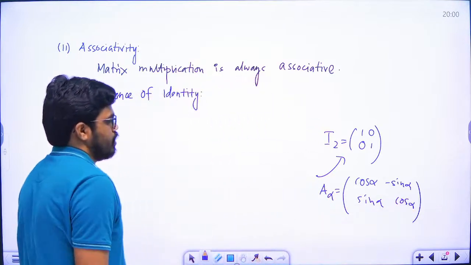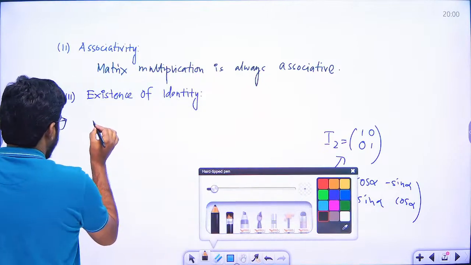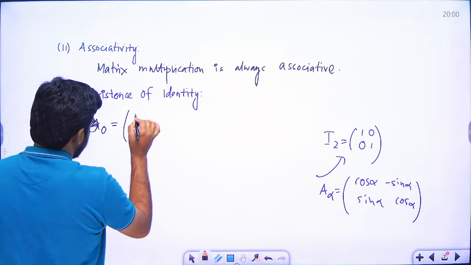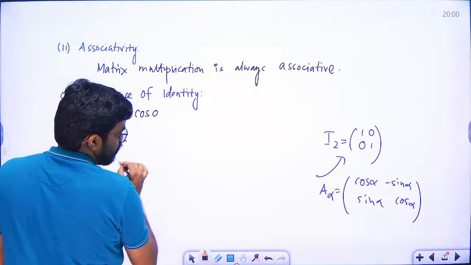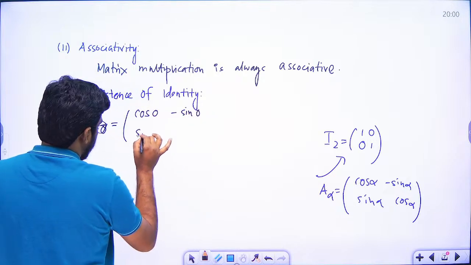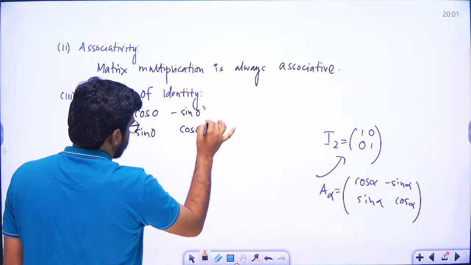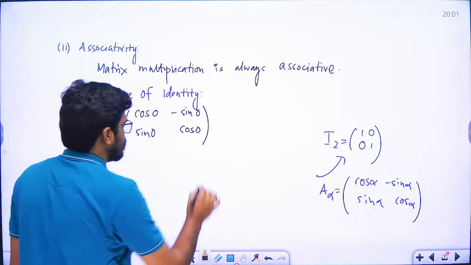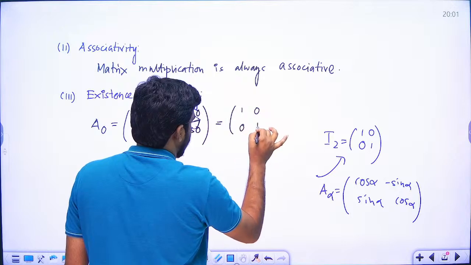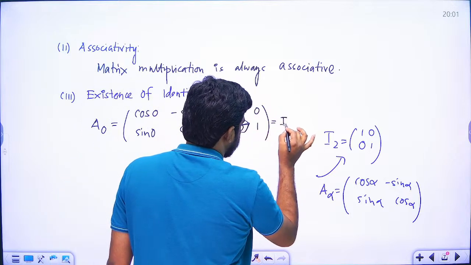So A 0, just put alpha equal to 0. What do we get? Cos 0, minus sin 0, sin 0, cos 0. Cos 0 is 1, sin 0 is 0. So we get 1 0 0 1, which is basically the identity matrix I2.